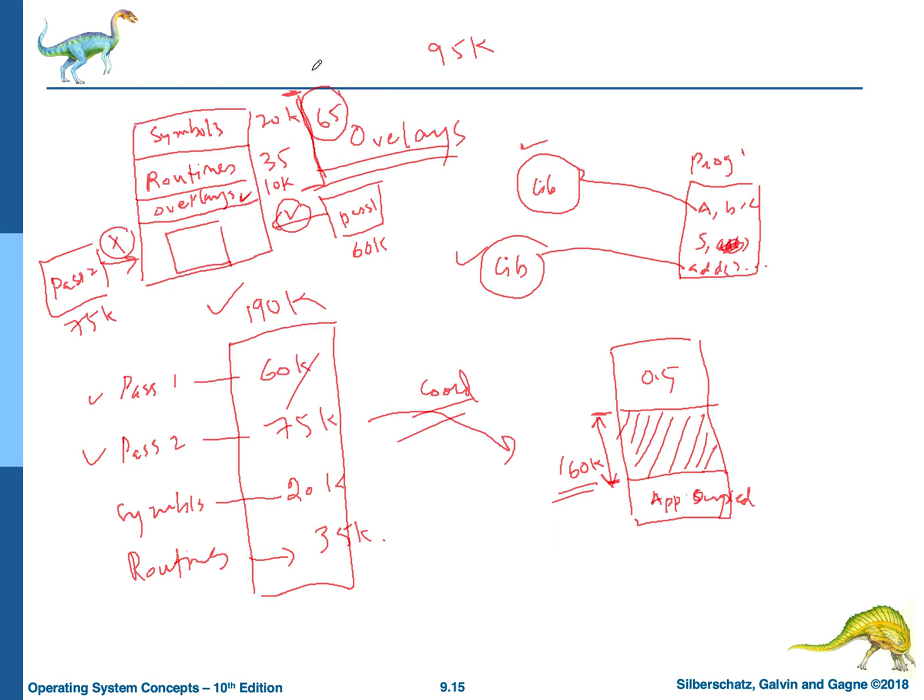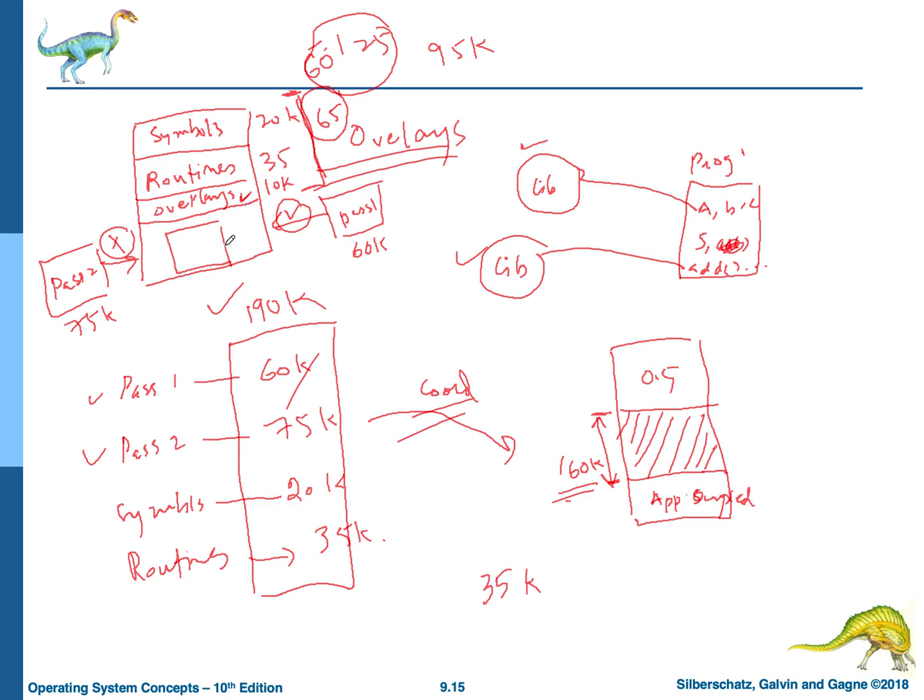Now 65 plus 60 equals 125. When pass 1 is running, we have only 125k in use in the main memory. However, we had 160k, so we are able to manage the memory in a very efficient way, and we are saving maybe 35k of memory here.